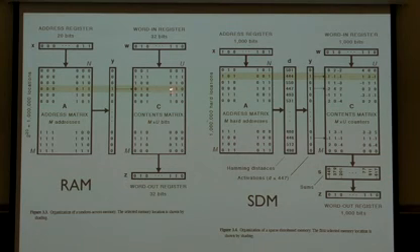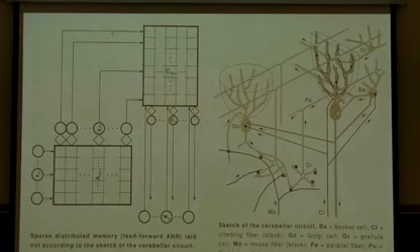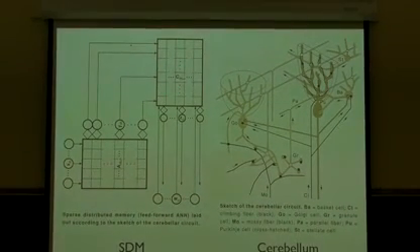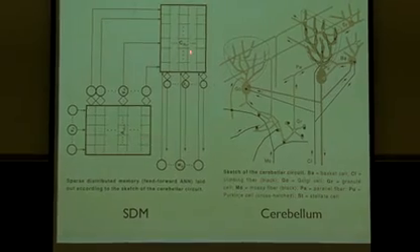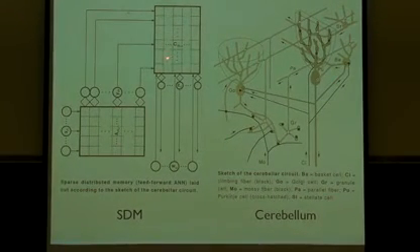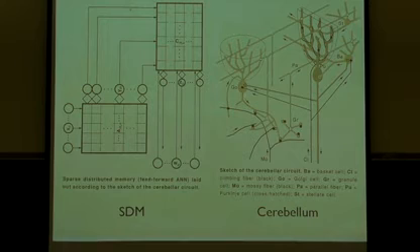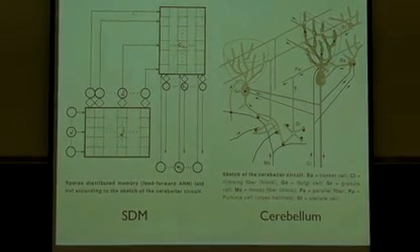Just like here, the activated location is modified when you're storing, or contributes to the output. So that's how similar the random access memory and the sparse distributed memory are to each other. And so I once more draw this in this particular fashion to show how the cerebellum and the sparse distributed memory can be mapped to one another.